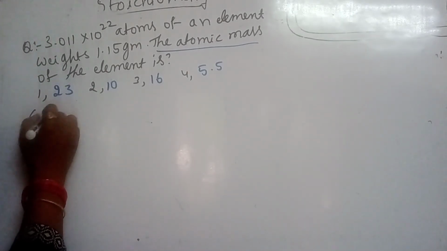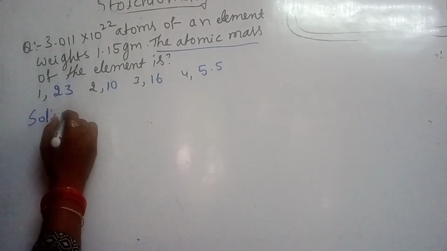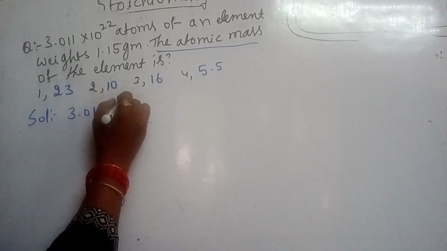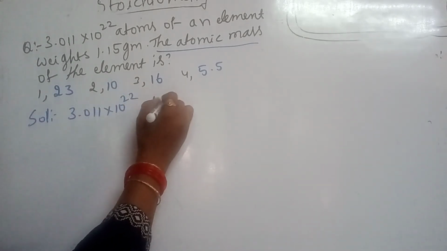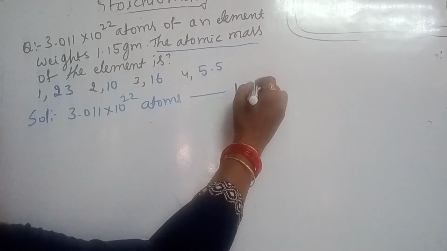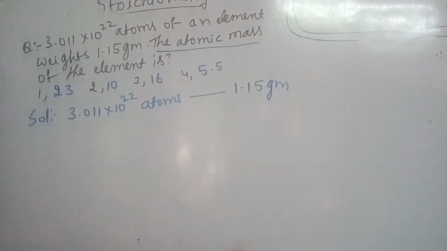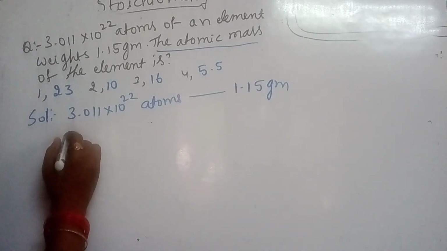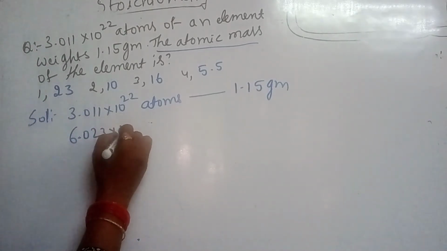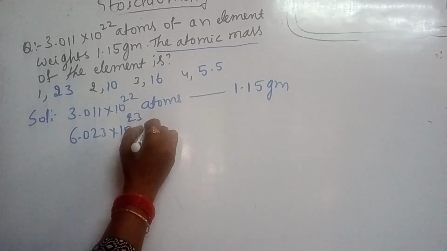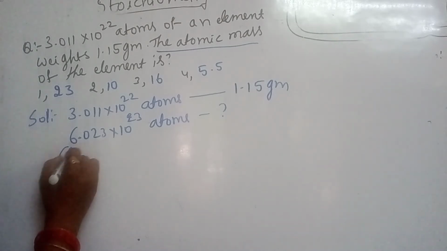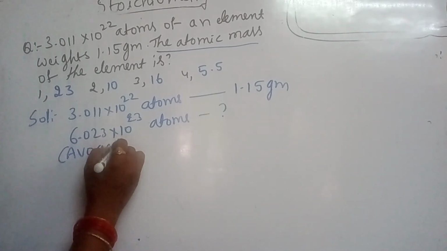Now the solution. In the problem, 3.011 into 10 to the power of 22 atoms weigh 1.15 grams. We have to calculate the atomic mass, that is, the weight of 6.023 into 10 to the power of 23 atoms. This is called Avogadro's number or Avogadro's constant.